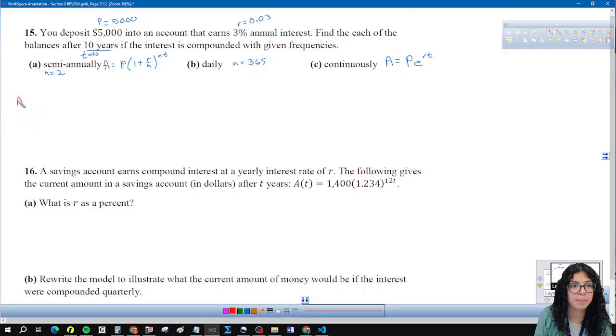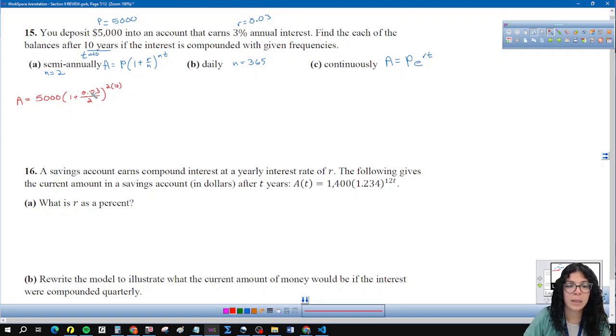So on part A, my amount that I have at the end of 10 years is going to be the 5,000 that I put in times (1 plus 0.03 divided by 2) to the power of 2 times 10.